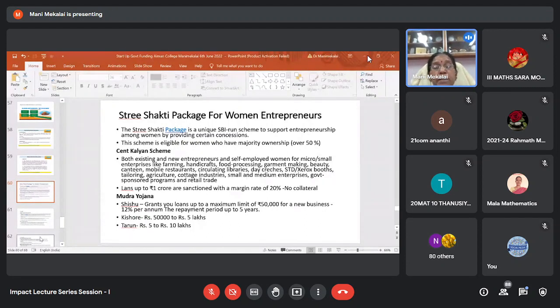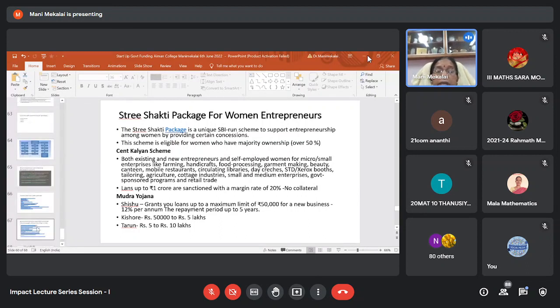I have listed here the trades or institutions it covers: handicrafts, processing, garment making, beauty clinic, canteen, mobile stands, circulating libraries, day crushers, STD and Xerox booths, tailoring, agriculture, cottage industry, small and medium enterprises, government-sponsored programs, etc.